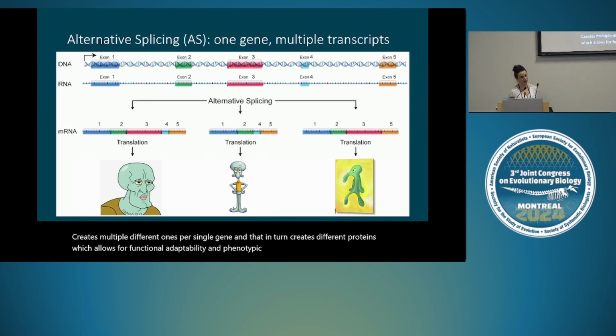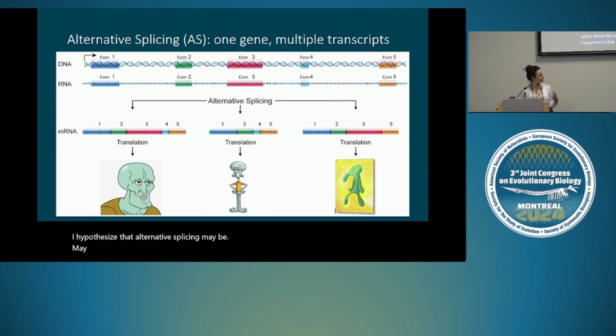And so with this, I hypothesized that alternative splicing may play an elevated mechanistic role in the evolution of abiotic stress tolerance in Tigriopus californicus.